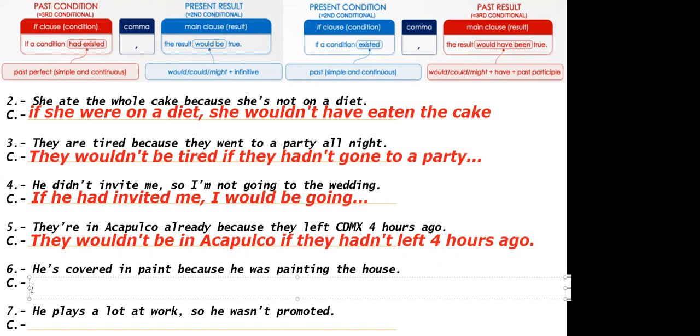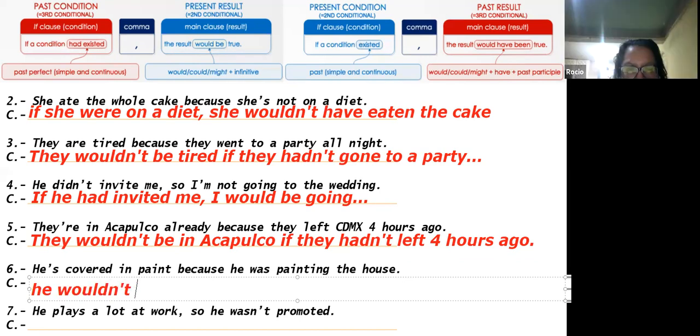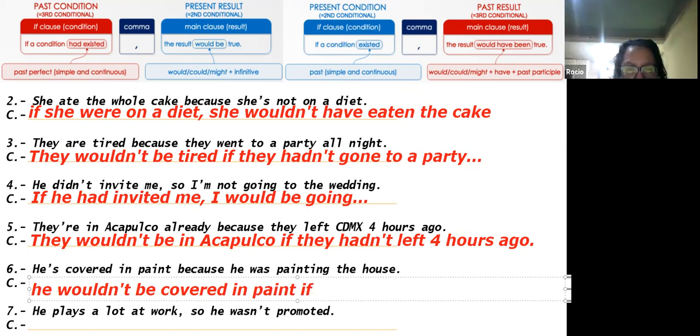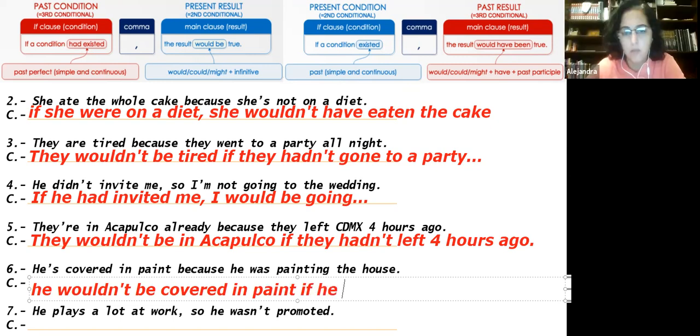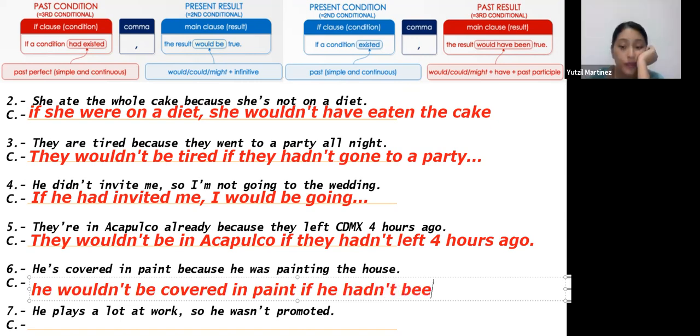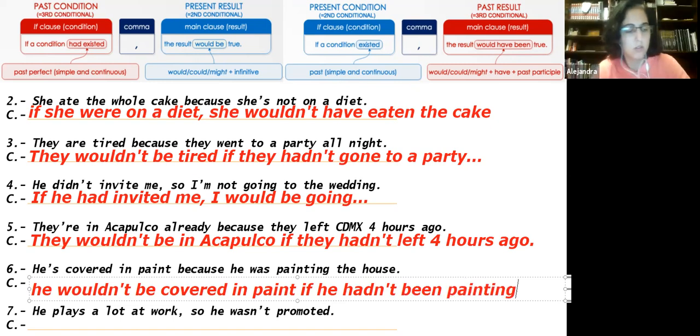He wouldn't be covered in paint if he hadn't been painting the house.